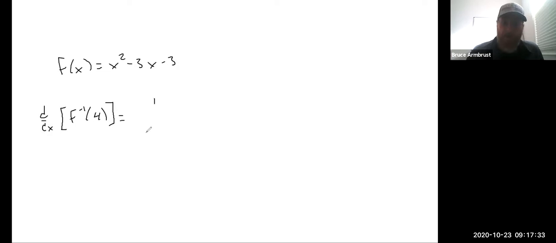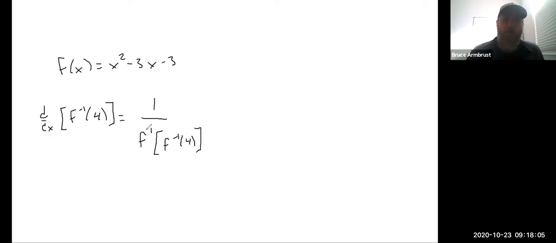Since it's an inverse, this is 1 over the derivative of the original function evaluated at f inverse of 4. This comes from what we proved, probably last week at some point: the relationship between inverse functions is that their slopes are reciprocals.